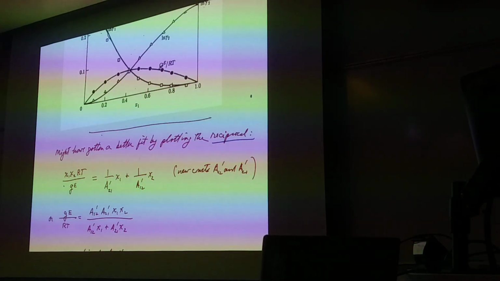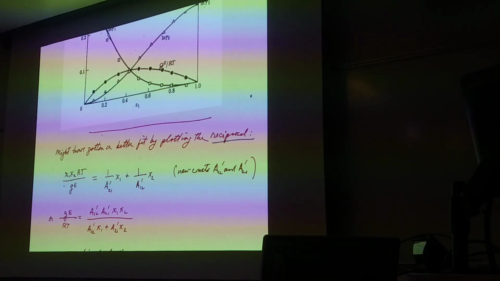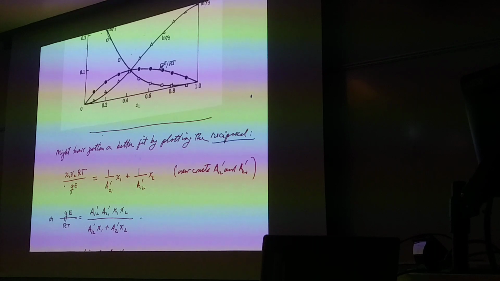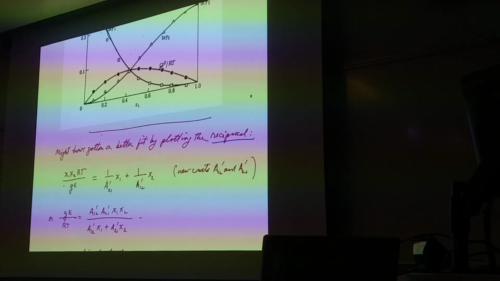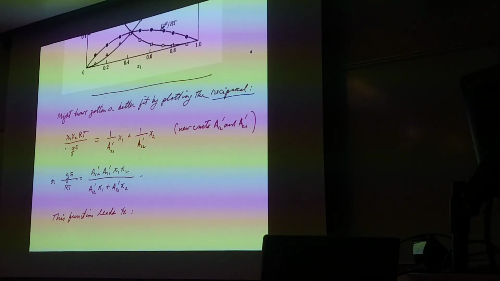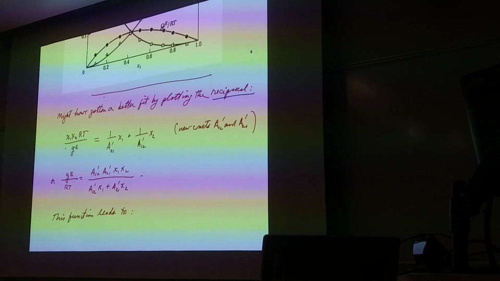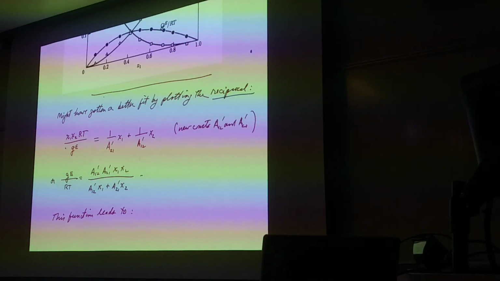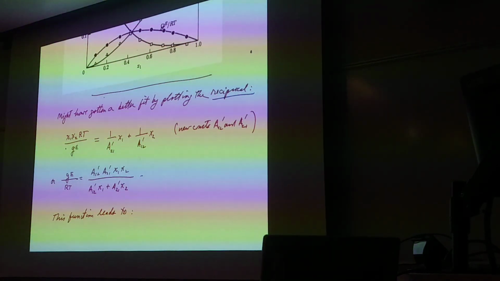Now if I put this together, what that gives me is an expression for the excess Gibbs energy over RT that takes this form. So I'm in business to extract from that, from the process of differentiating nGE over RT with respect to n1 and n2 respectively, the expressions for log gamma 1 and log gamma 2.